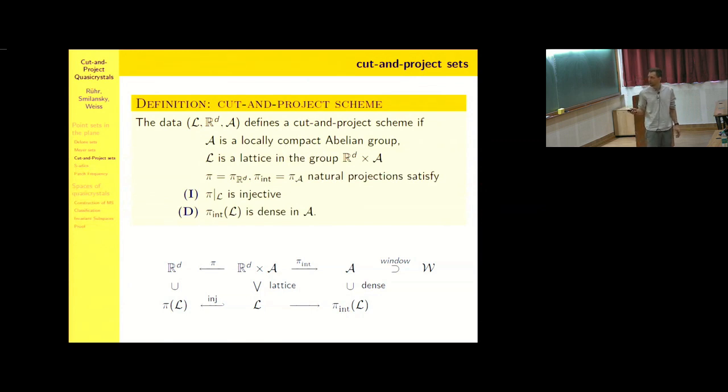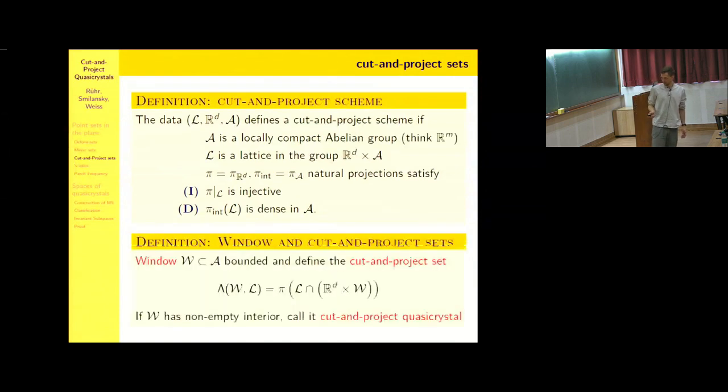And now we also choose a window, which is a subset of A. Again, we take the lattice, we take physical space times the window, and we project all the lattice points which fall into this region, and Lambda will be my point set in R^d. In general, I call this a cut and project set.